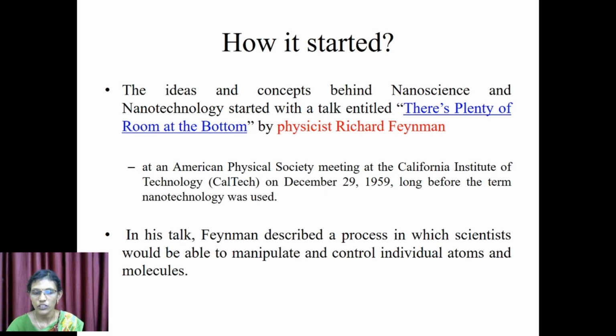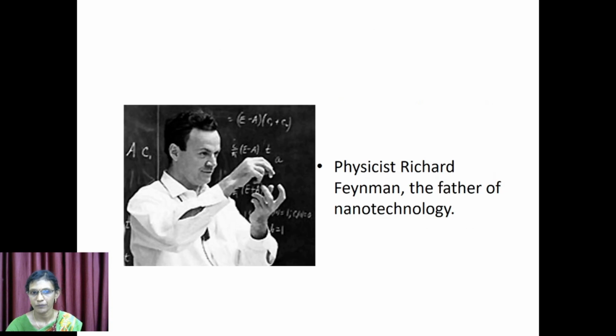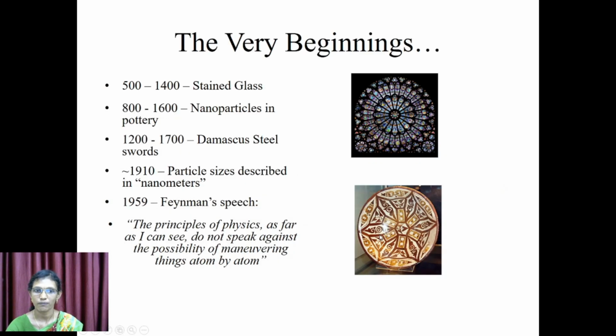In this speech he described a process in which a scientist would be able to manipulate and control individual atoms and molecules. Physicist Richard Feynman is known as the father of nanotechnology.